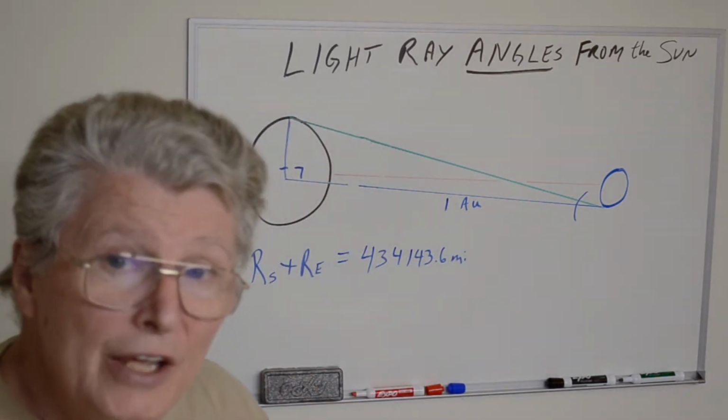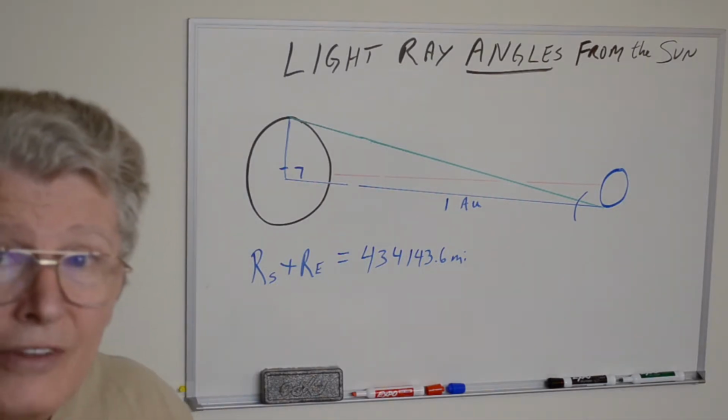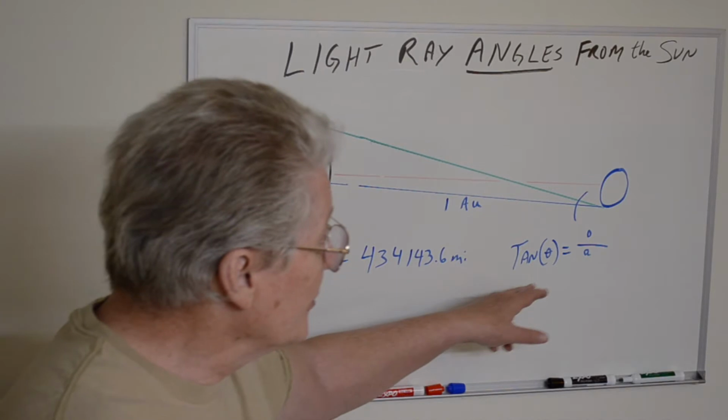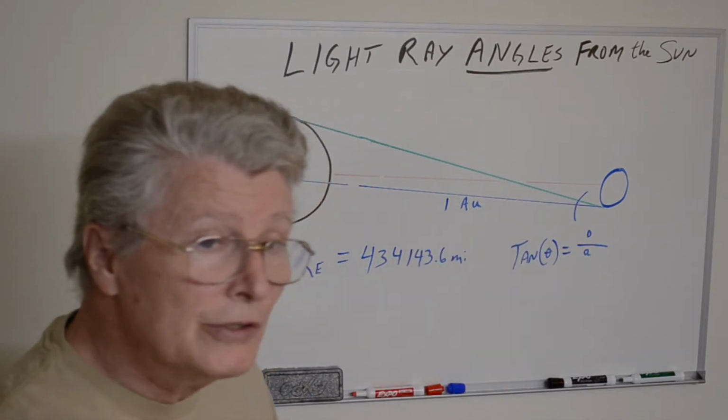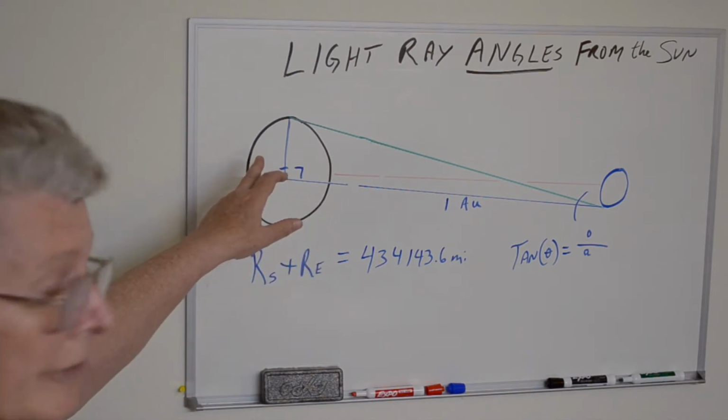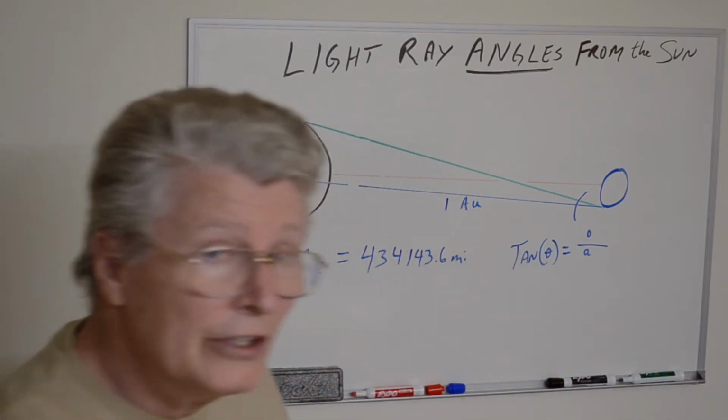From that we'll use the tangent function, and we'll calculate the tangent of the angle that we're trying to find here. Remember, the tangent of the angle we're measuring is the length of the opposite side of the triangle divided by the length of the adjacent side.